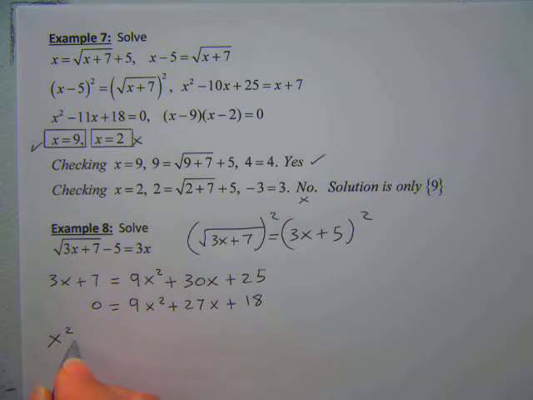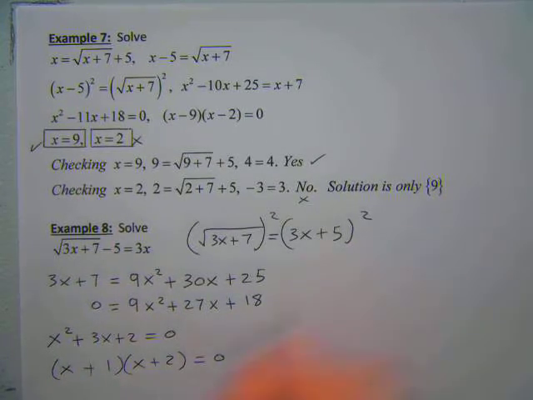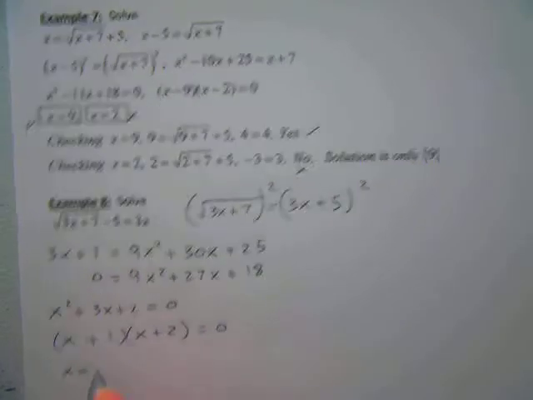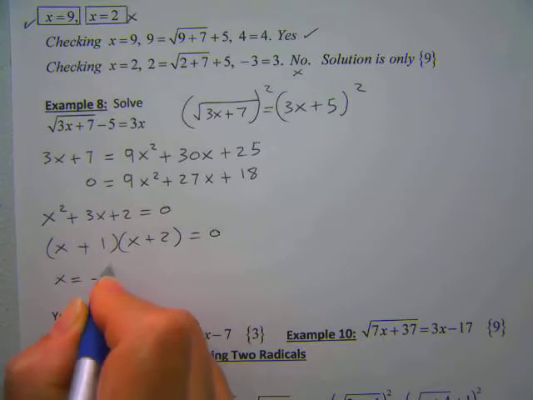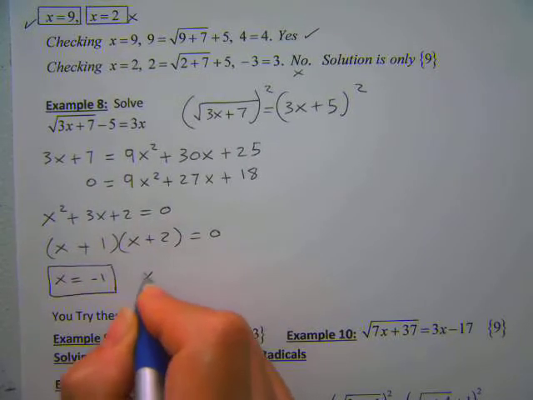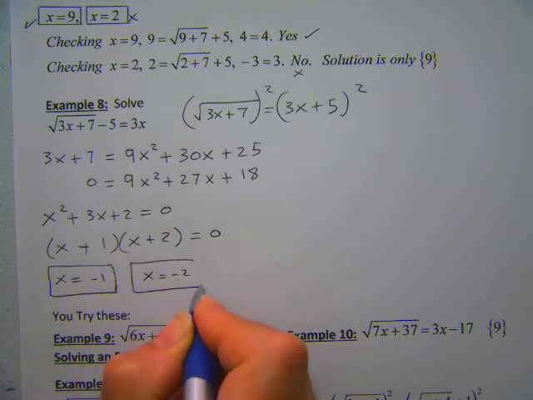We get x squared plus 3x plus 2 equals 0. Try to factor. We get x and x, 2 times 1, plus and plus. So either, let's write it here. Either x is equal to negative 1 or x is equal to negative 2.